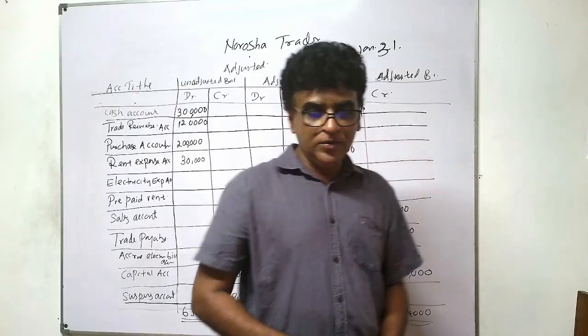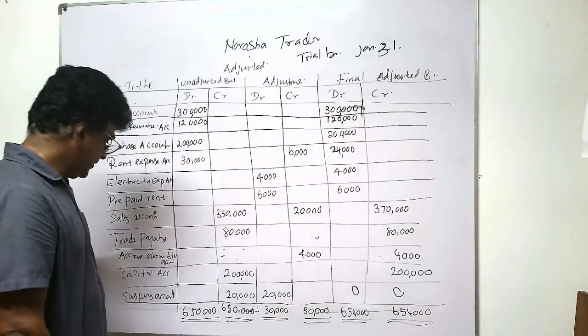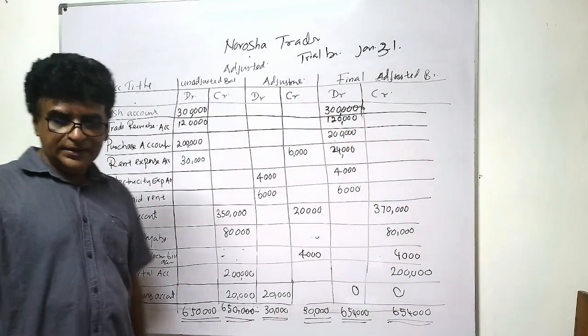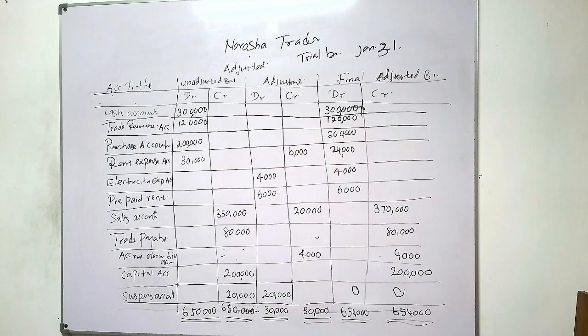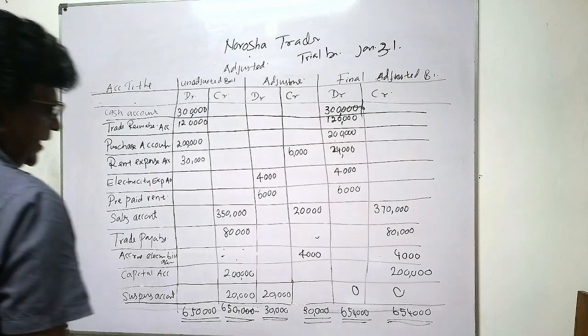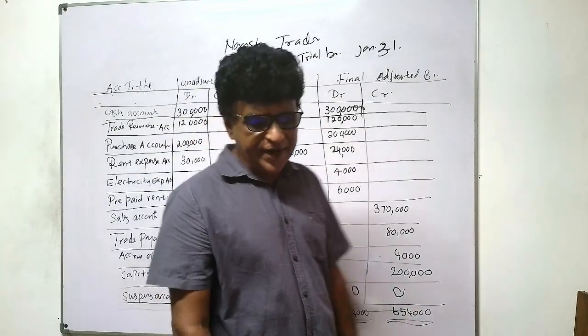Now, this particular trial balance is the final trial balance, the adjusted trial balance. This adjusted trial balance we can use for financial statements. We have to prepare an accurate adjusted trial balance.